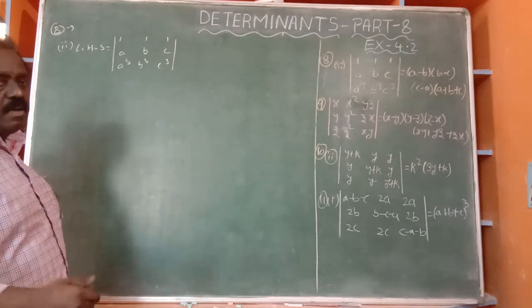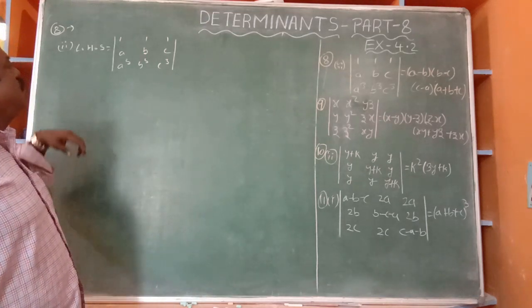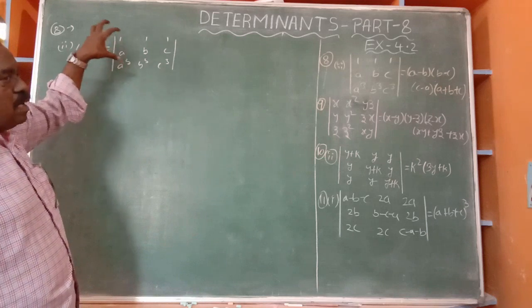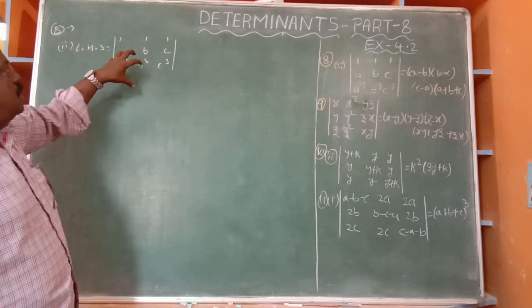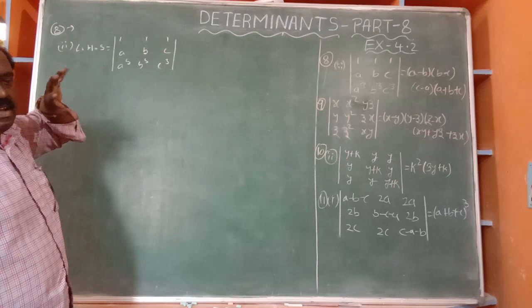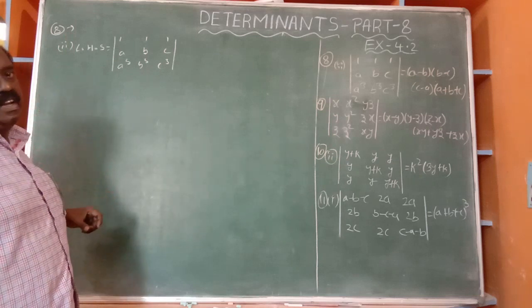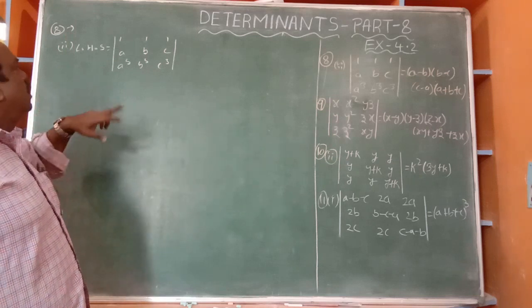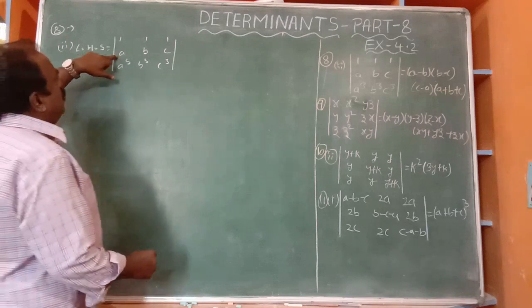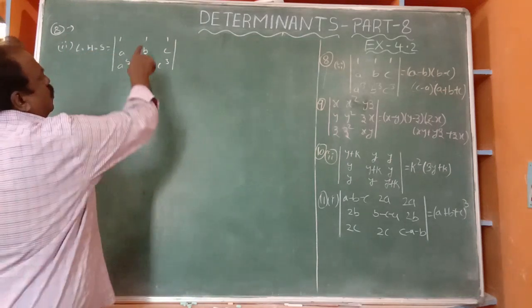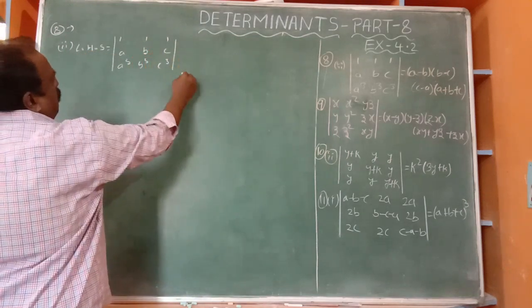Those are the properties of determinants. You see, in the determinant, if zeros are there, it is very easy to calculate.